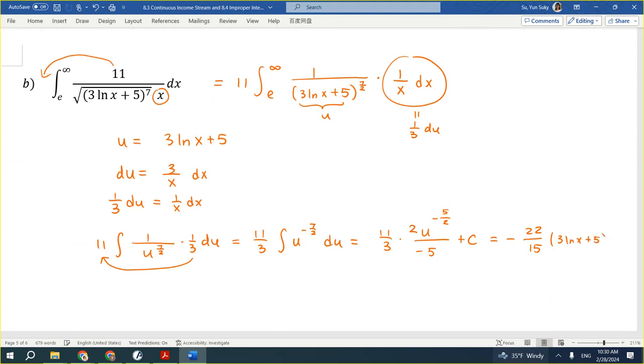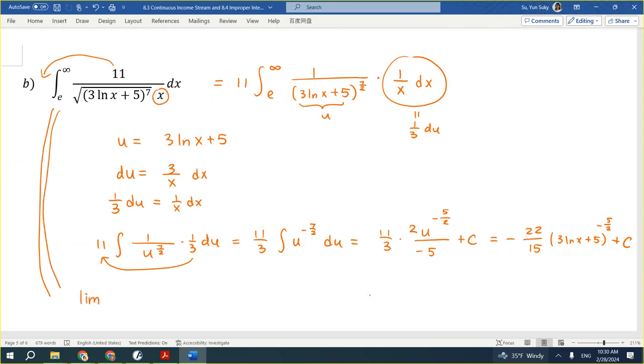Yeah, 3 ln x plus 5 to the negative 5 over 2 plus c. Is that okay, everybody? Yes, everybody? And now, let's compute the definite integral.